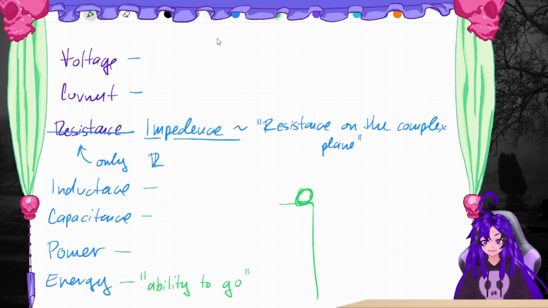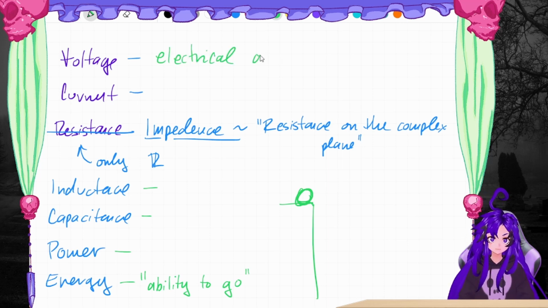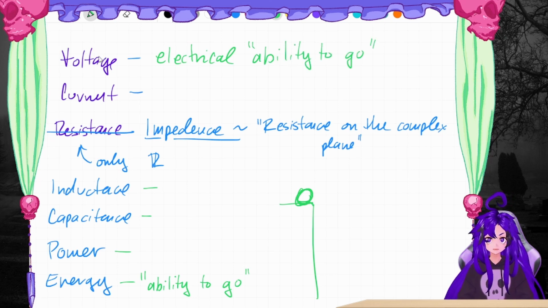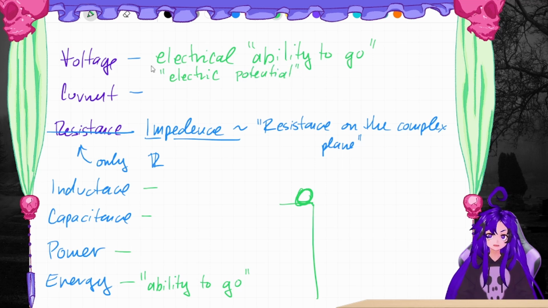Well, in a circuit, voltage is the electrical ability to go. This is why you'll also hear electric potential, or just potential, and it means voltage.